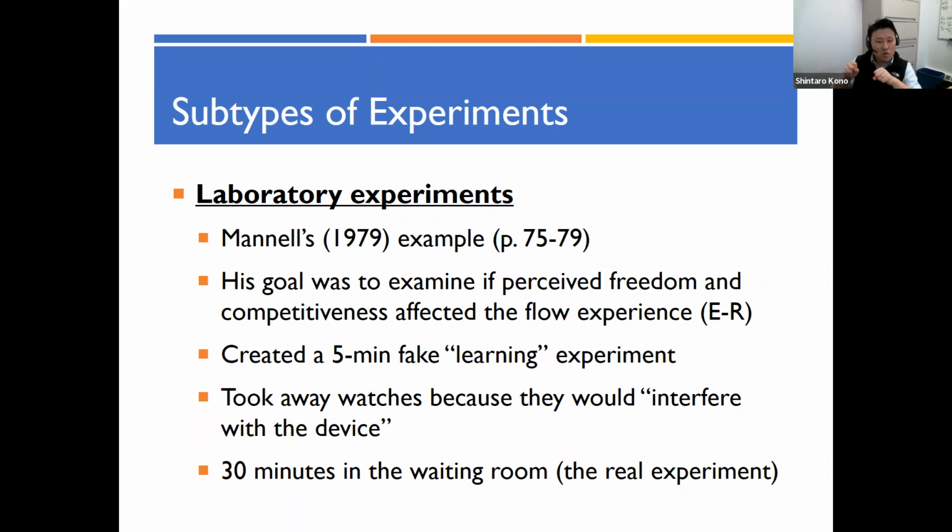The researcher took away the watches for that time, saying you cannot have your watches with you because that's going to interfere with the device we're going to use in the learning experiment, which wasn't the truth actually, but they had to take the watches away. You will know later. Then each participant had to spend 30 minutes in the waiting room. Everybody spent 30 minutes, and that was the real experiment. The students didn't know.